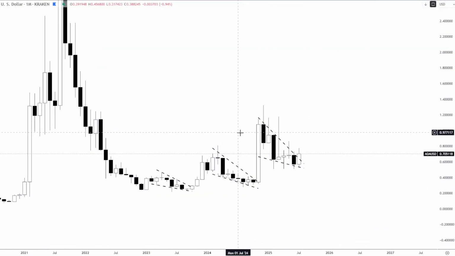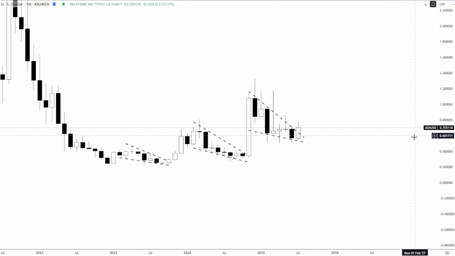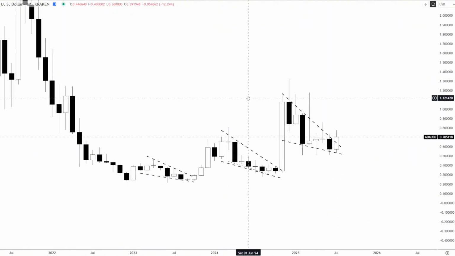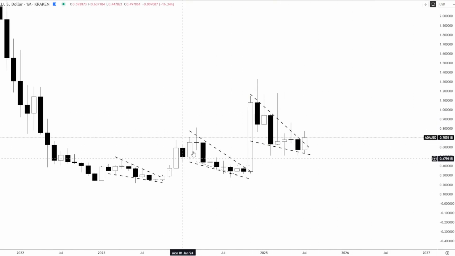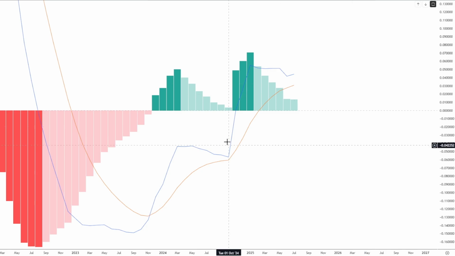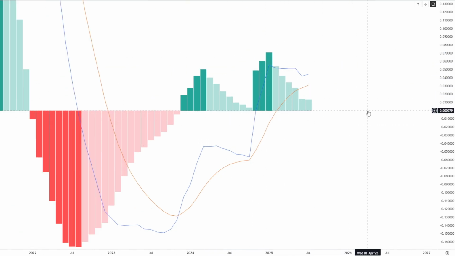Now, let's start with a quick overview. What is the macro situation for ADA? Well, it's actually easy to see. This is an uptrend, right? You have higher highs, higher lows, and the momentum is bullish. Both lines, the MACD and the signal line, are above the zero line.